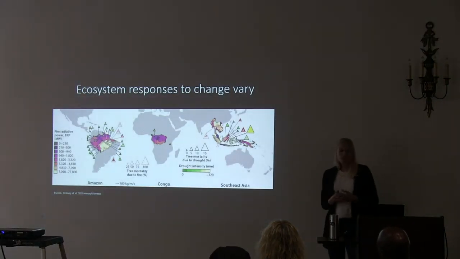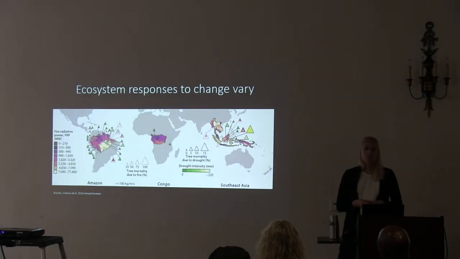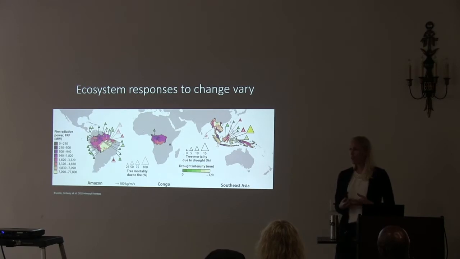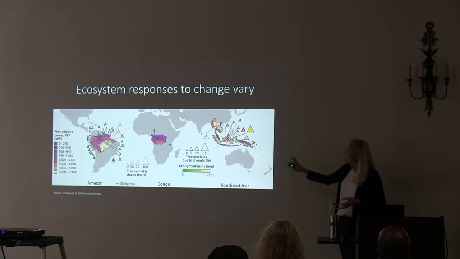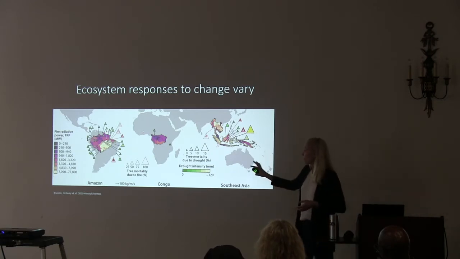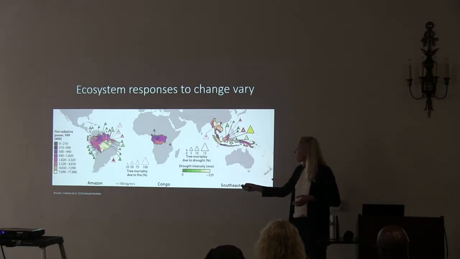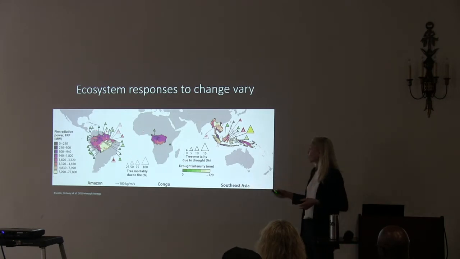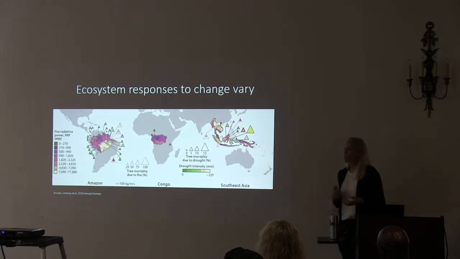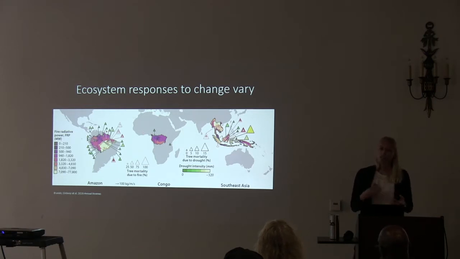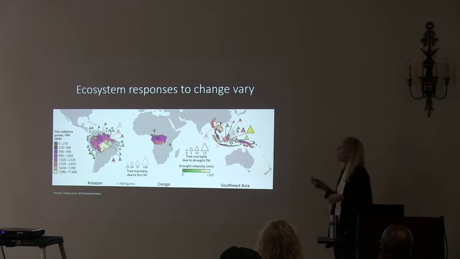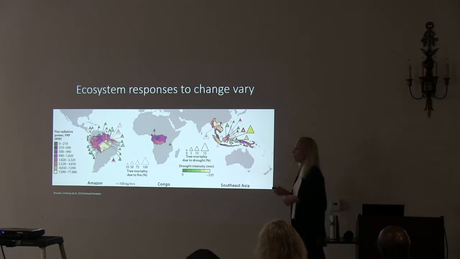But both the drivers of deforestation and ecosystem responses to land use and climate change are complex, and they vary in space and time, and they can change really rapidly. This is a complex figure focused on fire and drought, so I'm going to walk you through it. The colors across each of the tropical forest regions show fire radiative power, a metric associated with heat transfer and the CO2 emissions from fires.